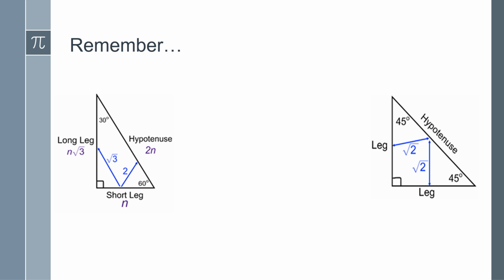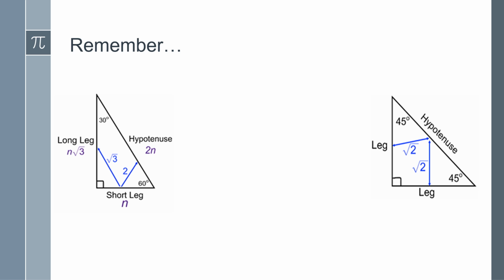All right. So we spent a couple of days now with the right triangles, and we got it down to a science. So we're going to move on. But let's touch it right quick though. So we know for a 30-60 triangle, your hypotenuse is going to be 2 times your short leg, and your long leg is going to be your short leg times the square root of 3.